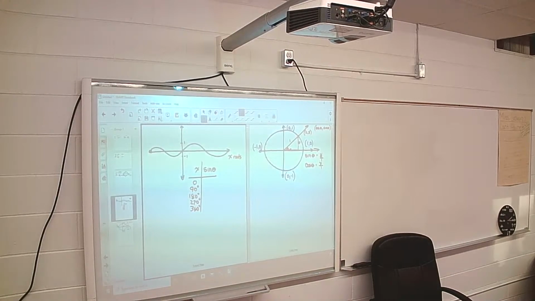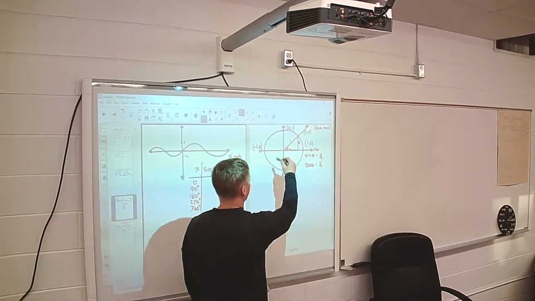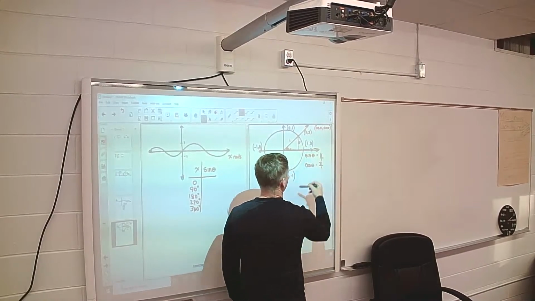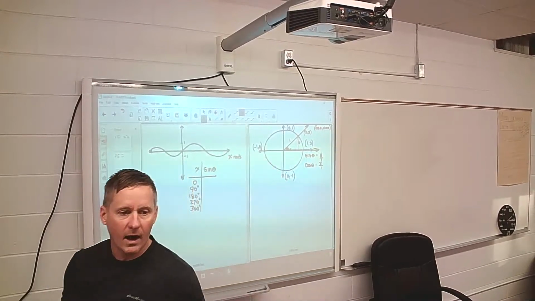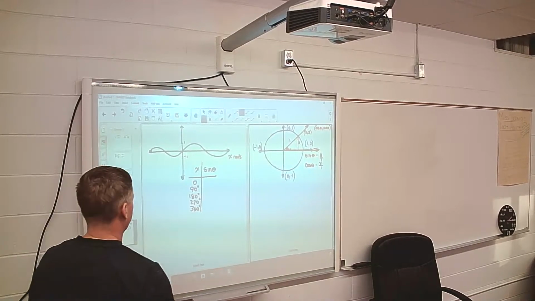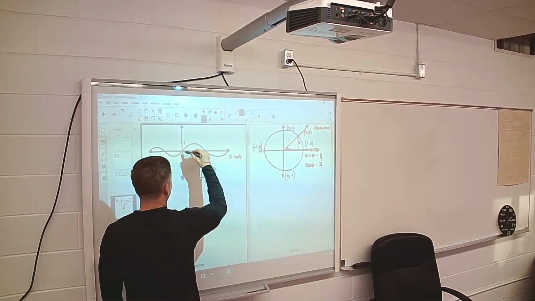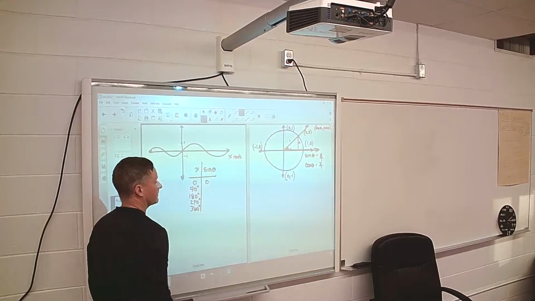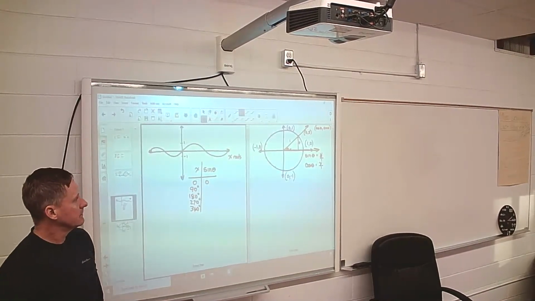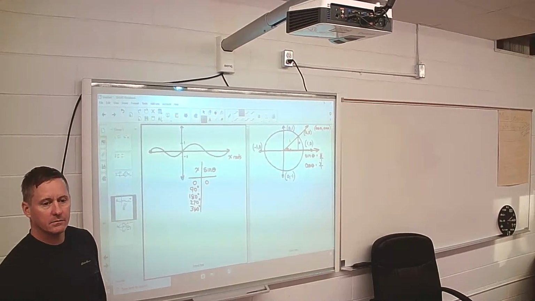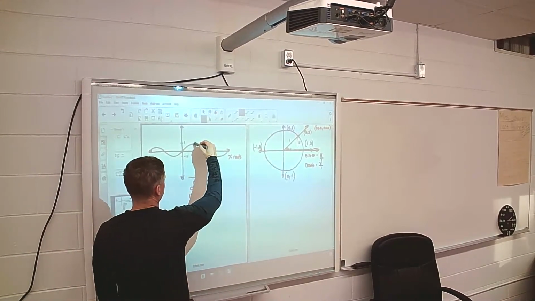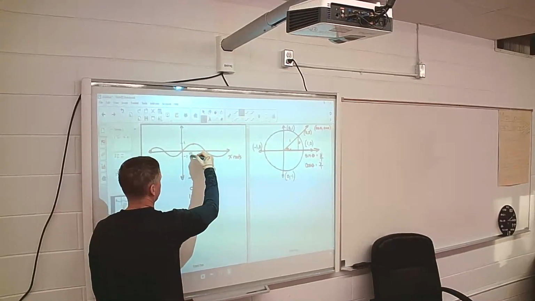So, looking at this unit circle right here, 0 degrees is right here. What is the y value at 0 degrees? 0. That is this point right here. Okay. At 90 degrees, what is the y value? 1. Right here. So this is 90.